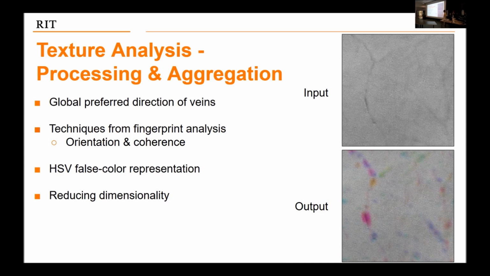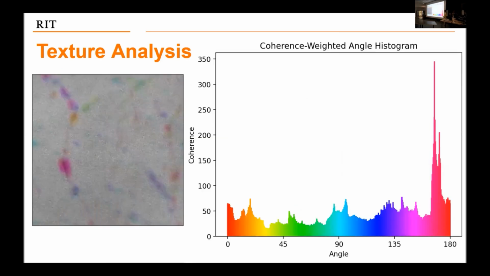So then I have a histogram on the next slide. You can see here that there's a very clear spike from that magenta area, and other than that, it's roughly evenly distributed. Because this is a natural drumhead, you can see that there is a preferred global direction.